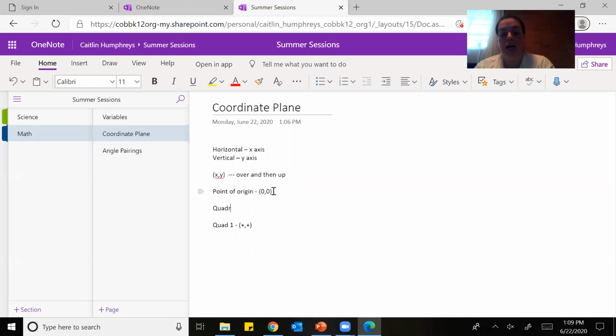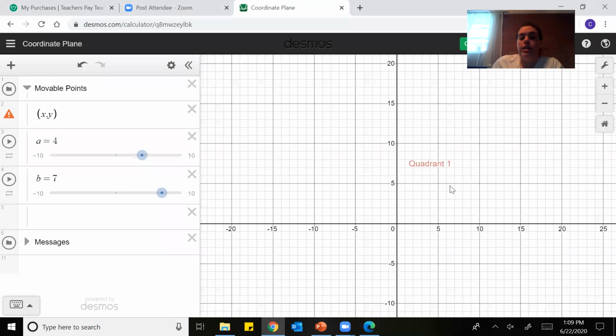Quadrants go counterclockwise. So when I'm looking at this board and I know that my top right is quadrant 1, I go counterclockwise, 2, 3, 4.